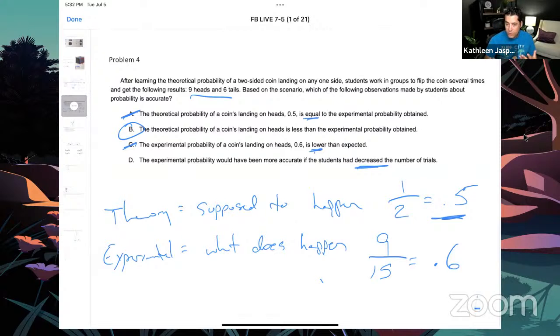There's a difference between flipping a coin 10 times and flipping a coin 1,000,000 times. You will start to see it go towards theoretical probability the more experiments you do. So that's why D is incorrect. I hope I explained that pretty well there. And again, it's just problems like these where they throw some terms at you and you've got to know what the terms are.